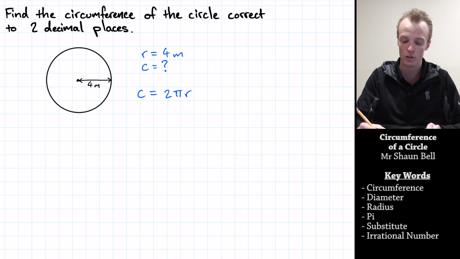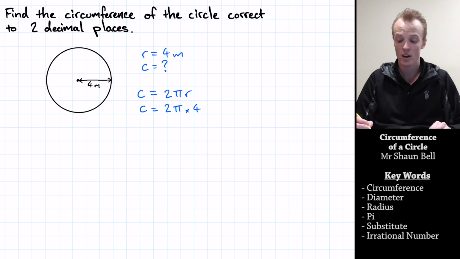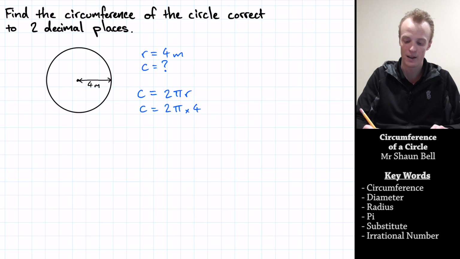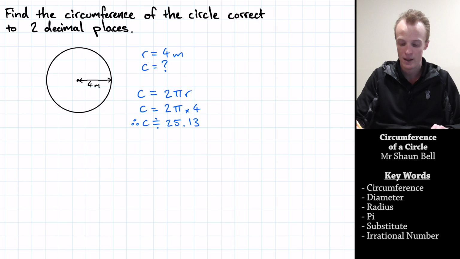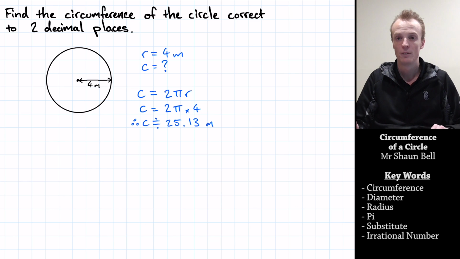Then I substitute my radius of 4 metres into the formula where I've got the radius. So that's equal to 2 pi times the radius of 4. At this stage, I then enter that value into my calculator, and I find that the circumference is approximately equal to 25.13 metres long, rounded to 2 decimal places.